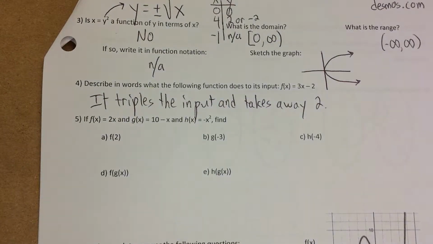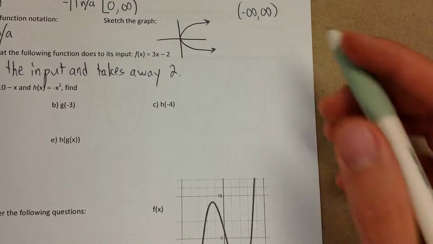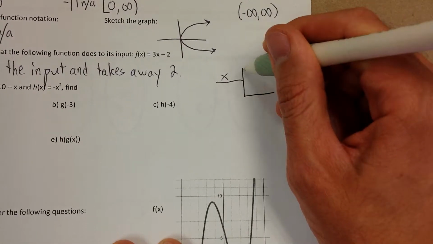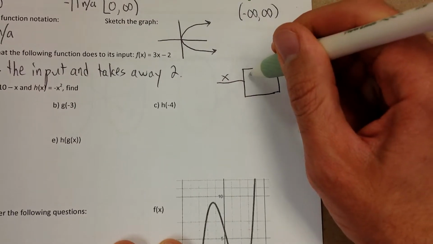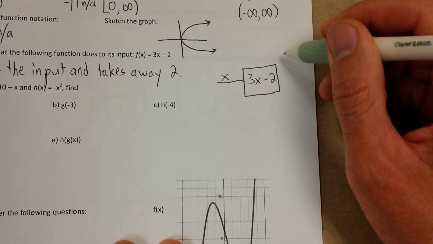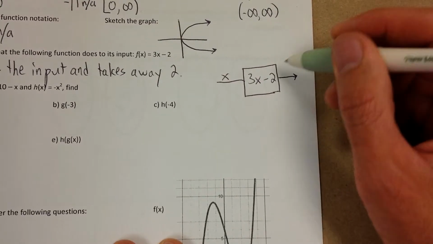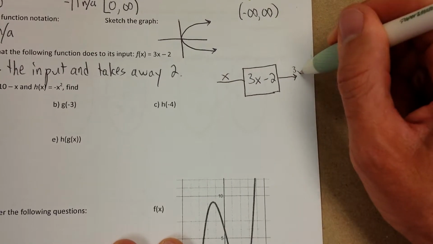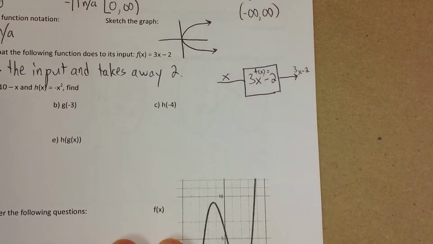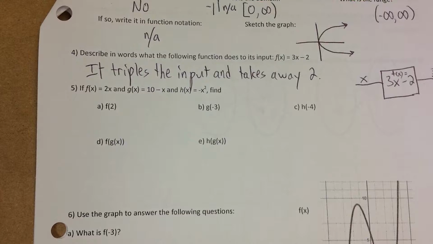Okay? So it's helpful in my experience to understand them as machines. So you've got this machine, and x comes in. That x gets multiplied by 3, and then you subtract 2, and that is what comes out as well. Okay. Any questions on 4?